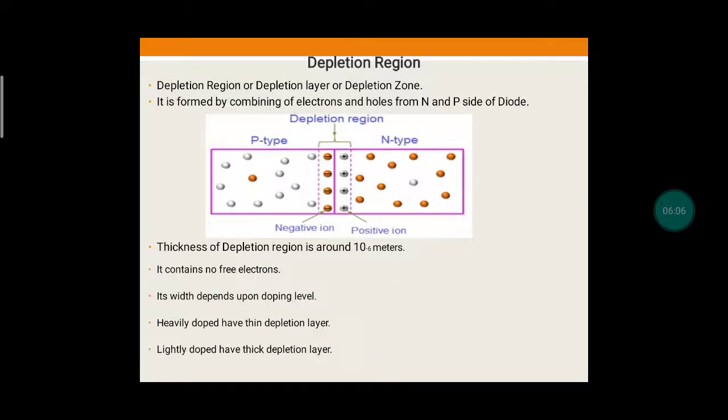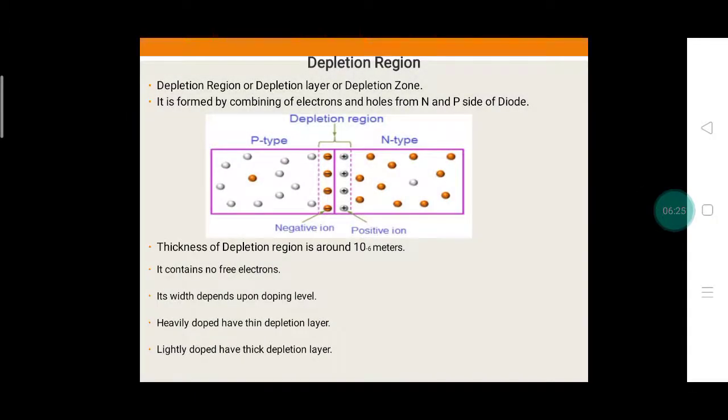This is the main part: the depletion region. The depletion region, or depletion zone, is the central part in which there is no conduction. It is formed by the combination of electrons and holes.